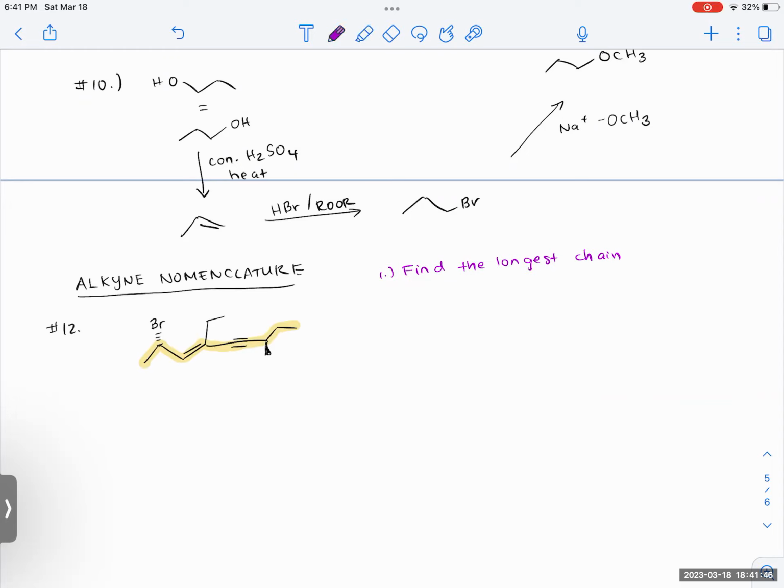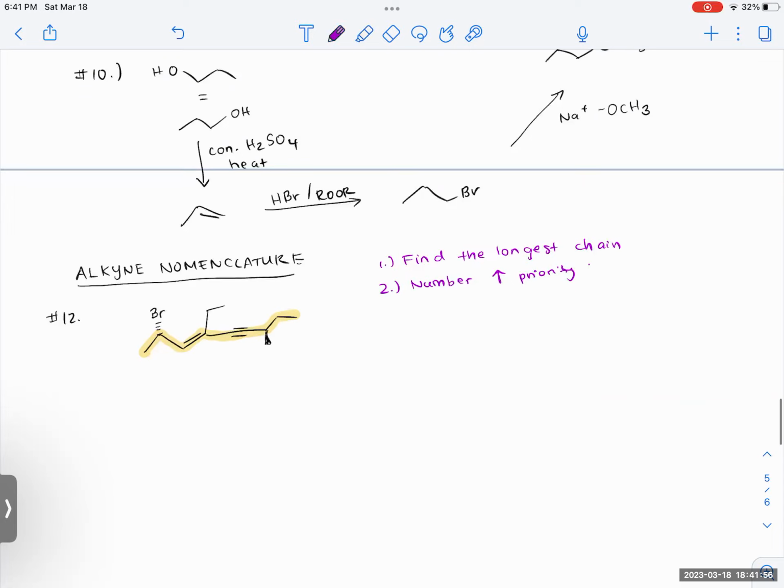Now we need to number so that our highest priority has the lowest number. This is where it gets a little tricky, because alkenes and alkynes actually have the same priority. So there are some weird rules with this.